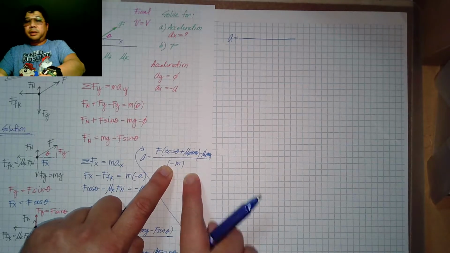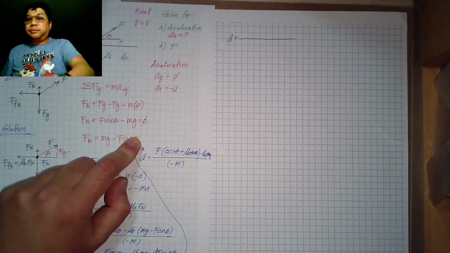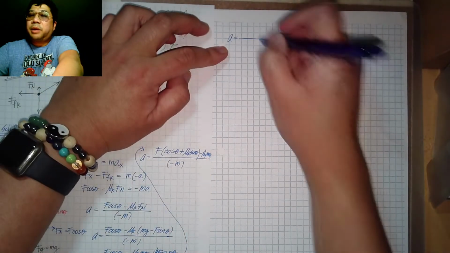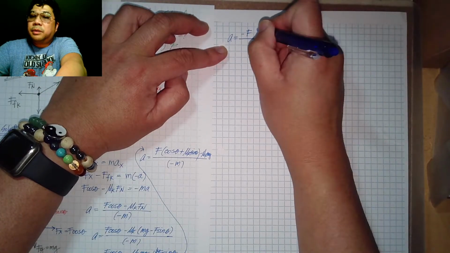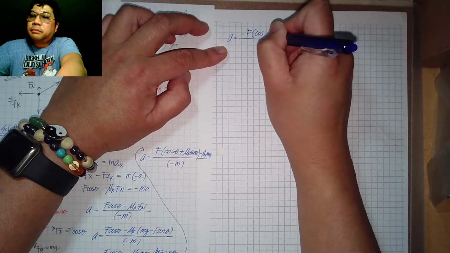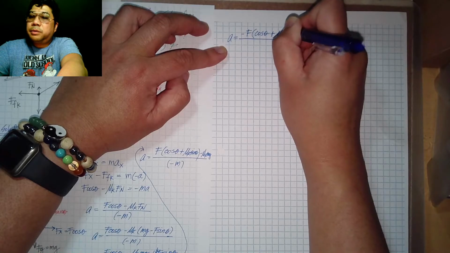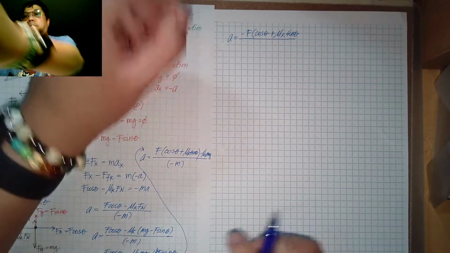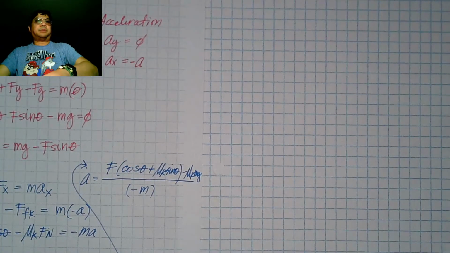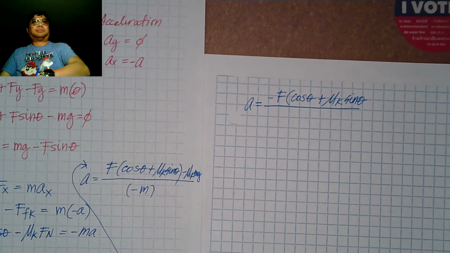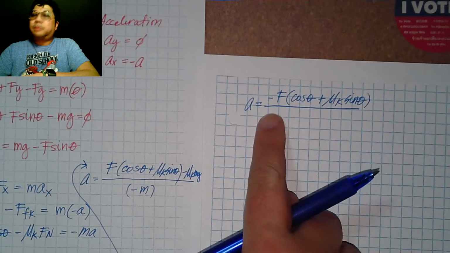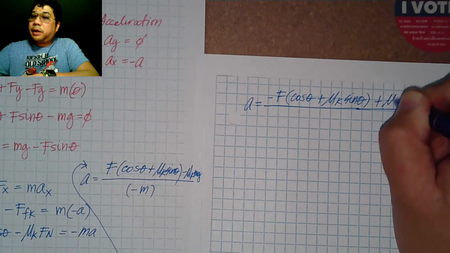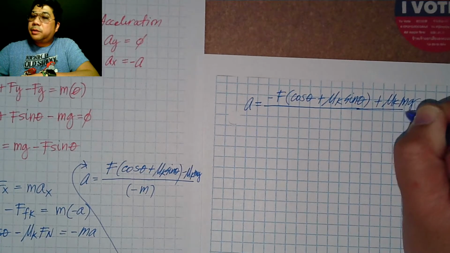I will have negative F multiplied by cosine theta plus mu k sine theta. Let me just zoom in so it's easier to see. Now I put my negative right there. And here now I have positive mu k m times g, over m.